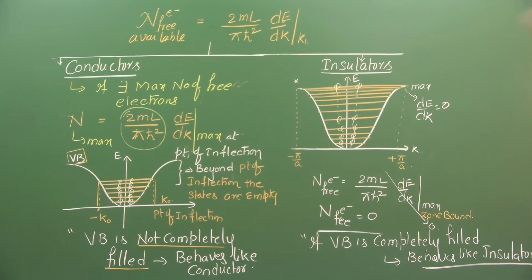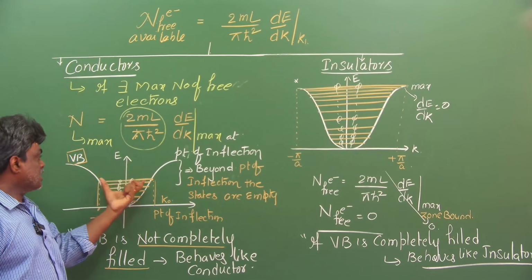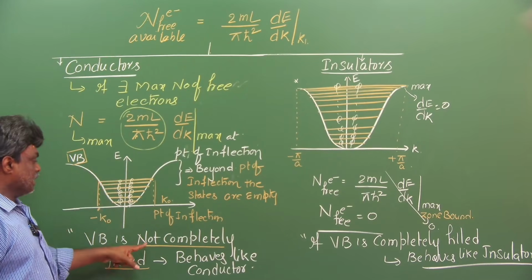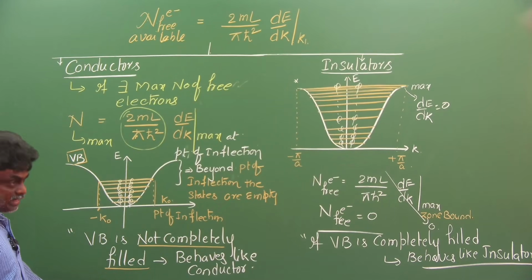That's it. So we got all these properties of the electron which is moving in the periodic potential of the lattice. The first one is the velocity, next the effective mass m star, next the fraction f equal to m by m star. All these things we have discussed. And finally we discussed a small thing, that is, what makes a solid behave like a conductor. Once you consider the valence band of that material, it is not completely filled. That's why the electrons are available for the conduction process.